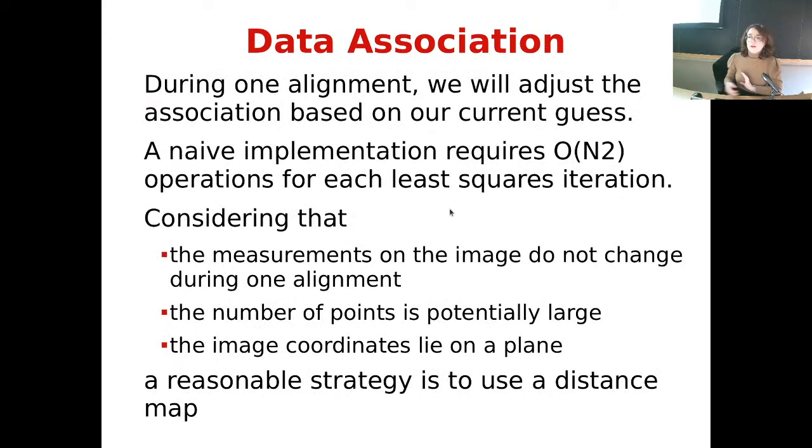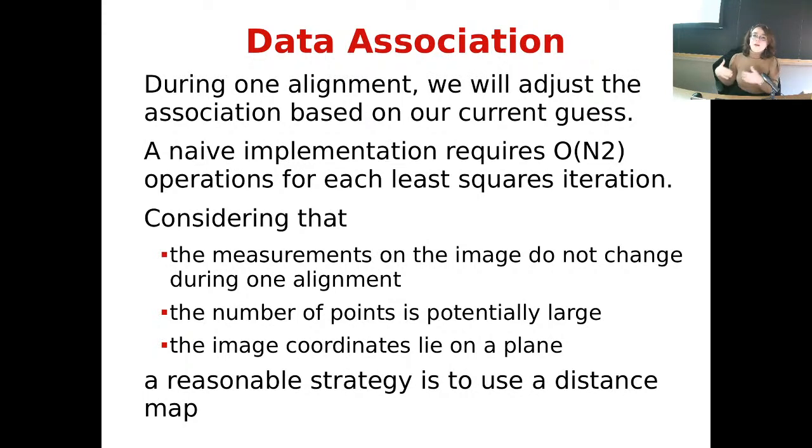However, if we do a naive implementation of this nearest neighbor approach, then we will take O(n^2) operations for each least squares iteration. Why? Because for each least squares iteration, we have a different estimate of the world-to-camera transformation, so a different projection of the world points onto the image.